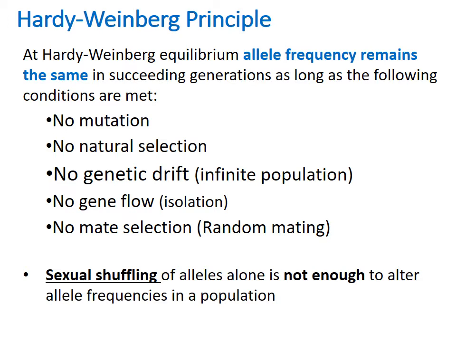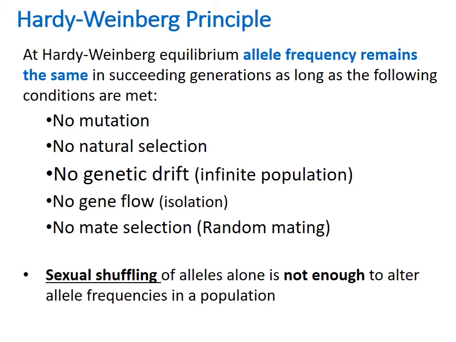I just like to have the no's all in a row there because it kind of tidies it up a bit. But saying no mate selection is the same as saying random mating occurs. Saying no gene flow happens is the same as saying a population is completely isolated. So what the Hardy-Weinberg principle is saying is that sexual shuffling of alleles in meiosis alone is not enough to alter the allele frequency in a population.